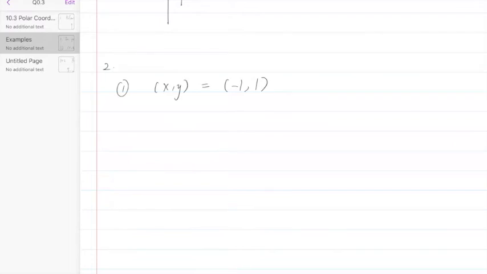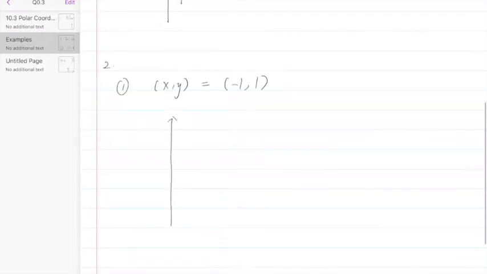How can you transfer it into polar coordinates? Let's draw it. (-1, 1) basically means the length of these two vertical and horizontal lines are both 1, and the point is here.